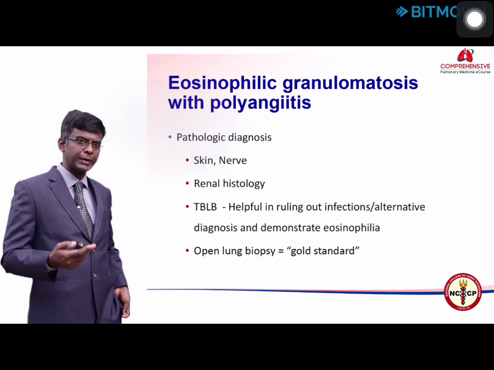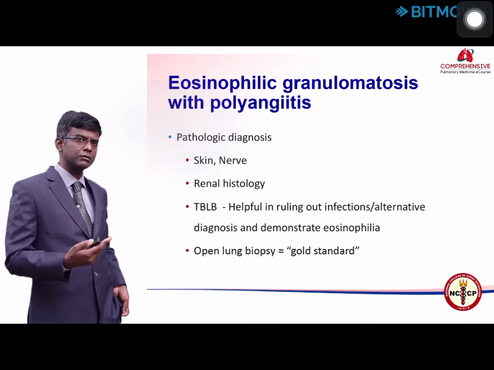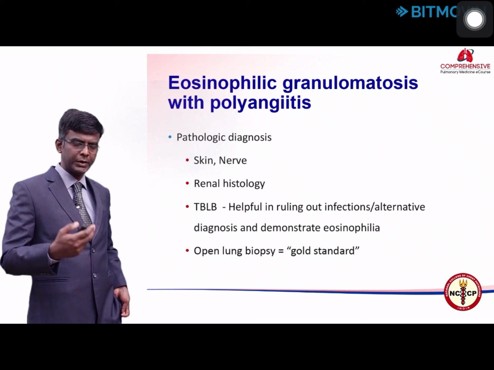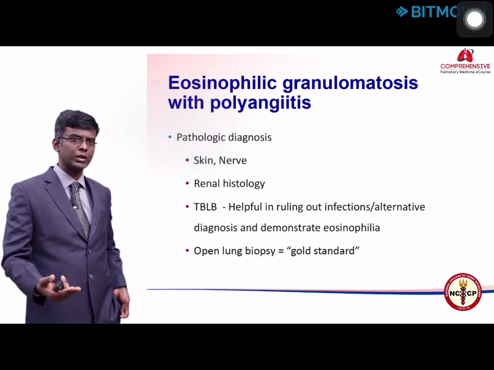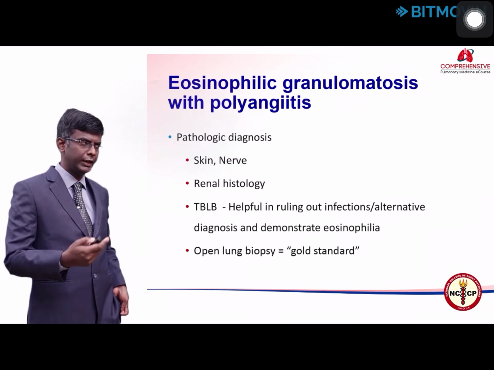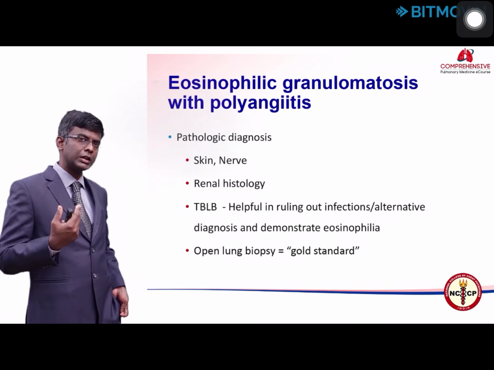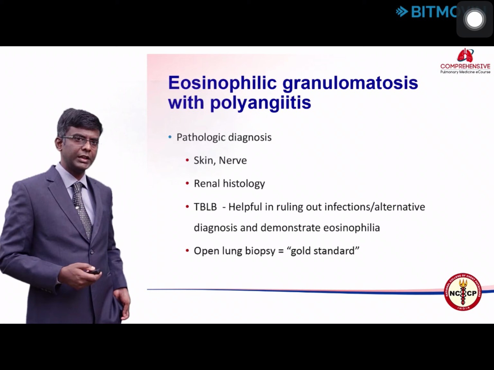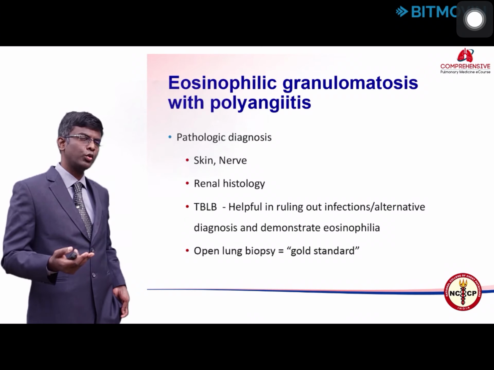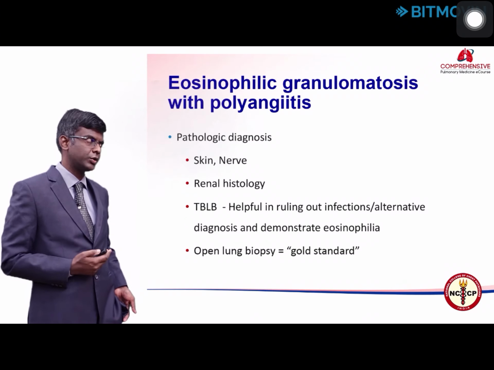Pathological diagnosis is mandatory, and depending on the organ involvement, you can biopsy either the skin or the peripheral nerve or kidney. TBLB cannot positively diagnose EGPA, but it is helpful in ruling out infections and alternative diagnoses.